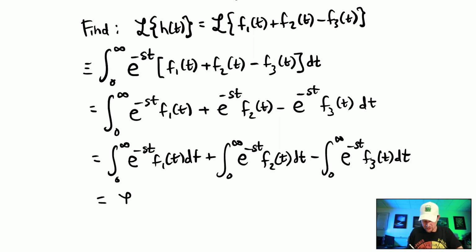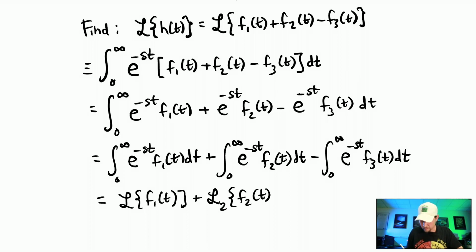So this, by definition, is the Laplace transform of f1 plus the Laplace transform of f2 minus the Laplace transform of f3. I'm not doing any sort of magic, like this.